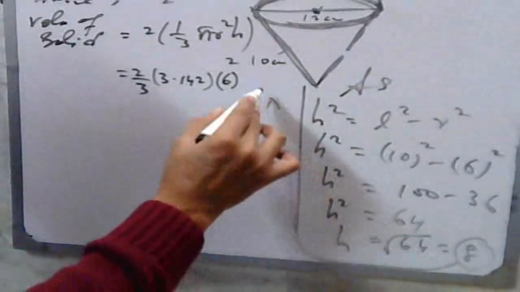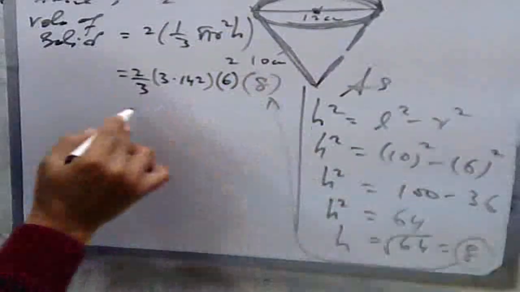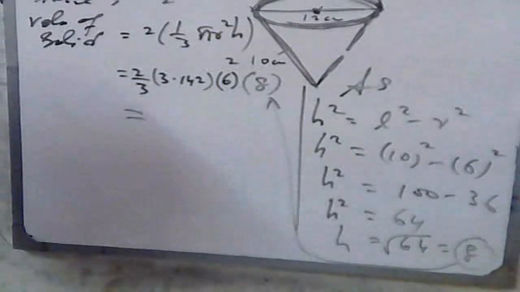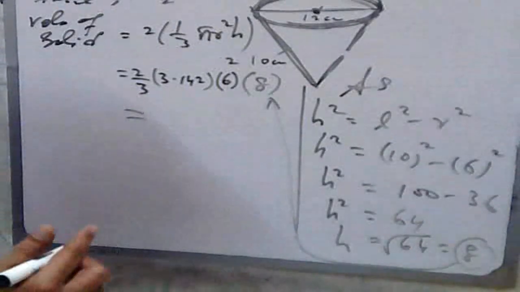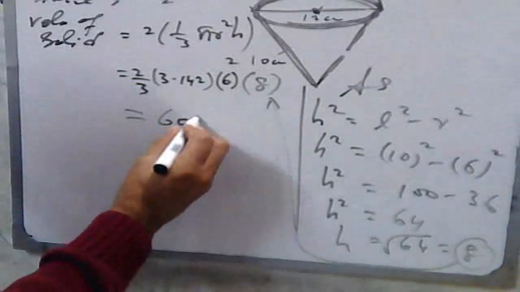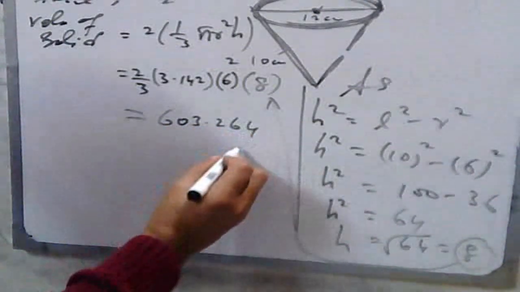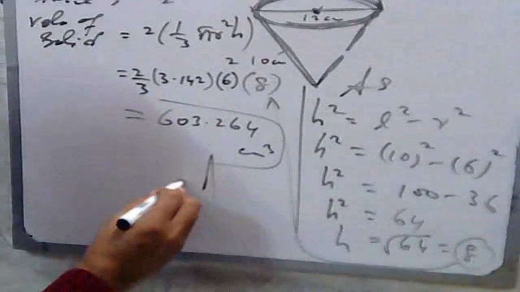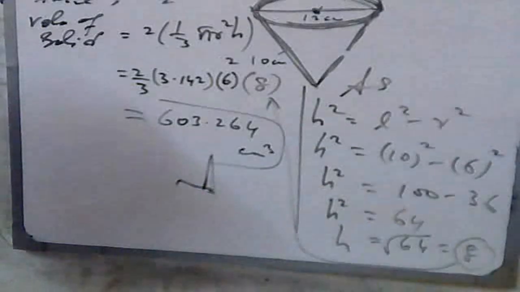So you should use 8 here. After simplification, your result is 603.264 centimeter cube, which is your required result.